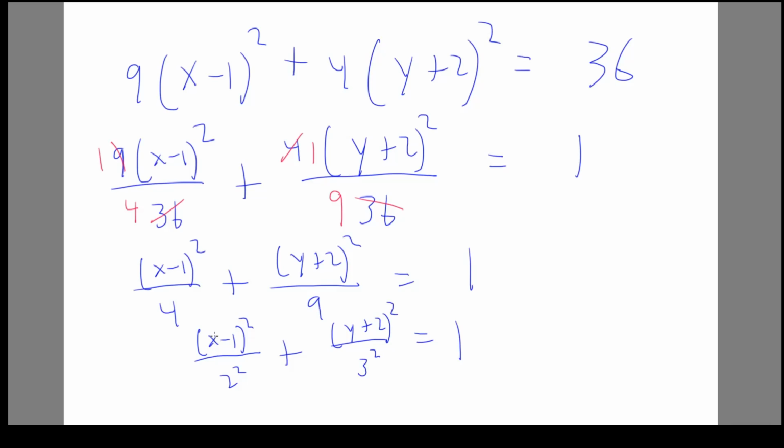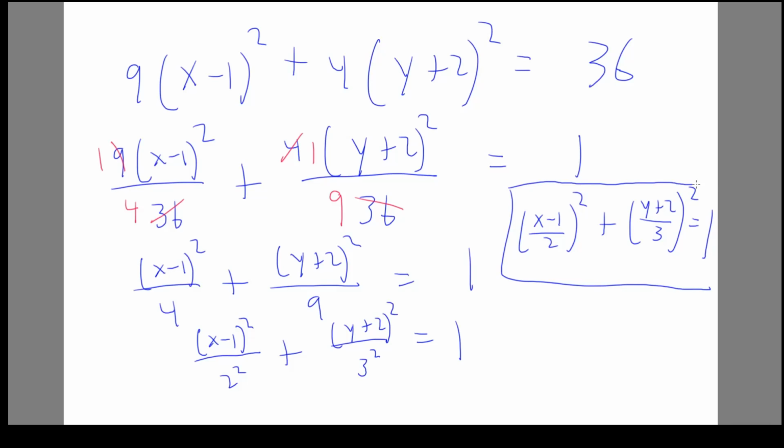And since we have (x minus 1) squared over 2 squared, that is the same thing as (x minus 1) over 2, squared, plus (y plus 2) over 3, squared, and all that is equal to 1. So this right here would be the general form of the equation for the ellipse.